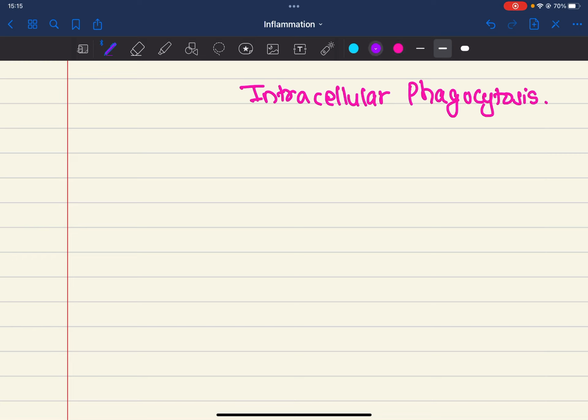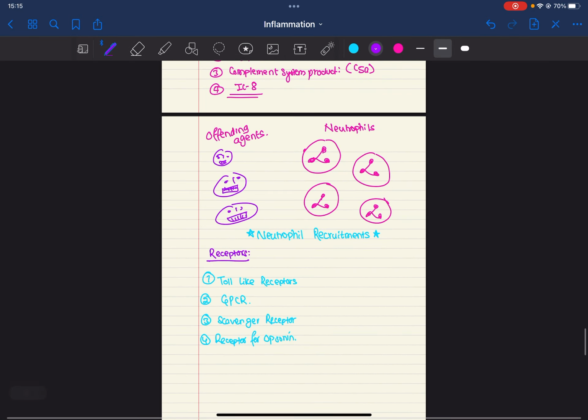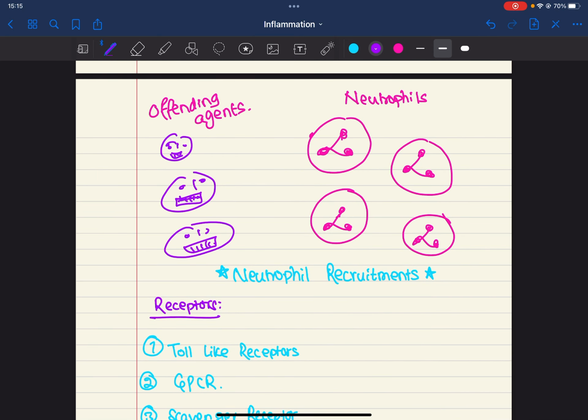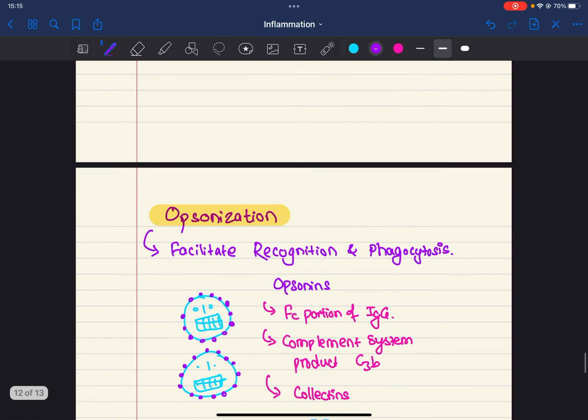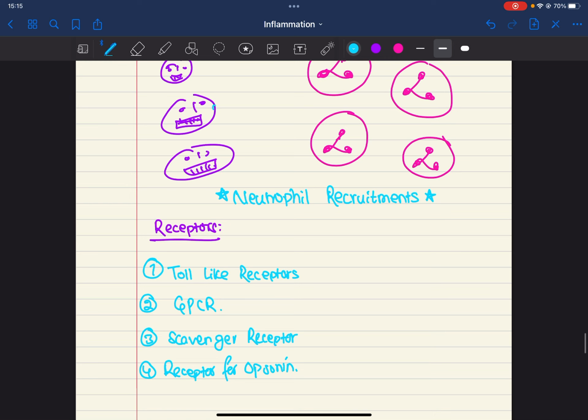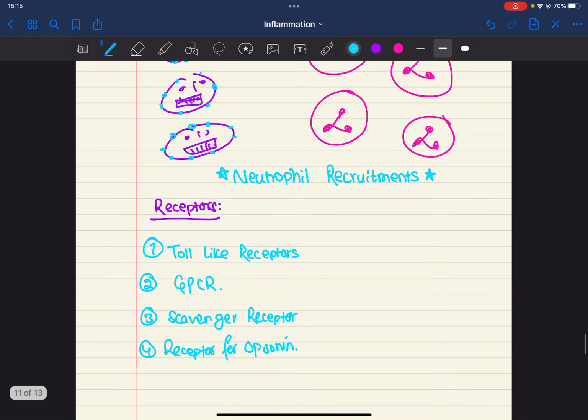Maybe it's going around in your head. From the previous lecture, we have discussed that the neutrophils were already inside the tissue. Now the neutrophils need to recognize the bacteria. For the recognition of the bacteria, there was opsonization, the coating of the bacteria. Now the bacteria has been coated like this, and they need to be recognized by the neutrophils. For that there were these receptors; the bacteria bind here and they recognize.